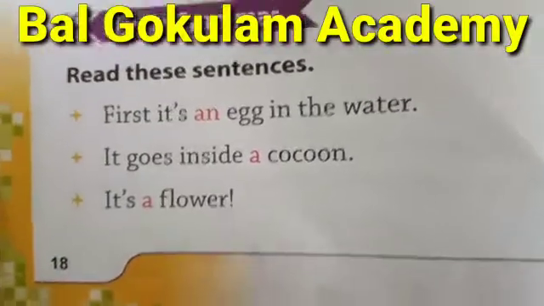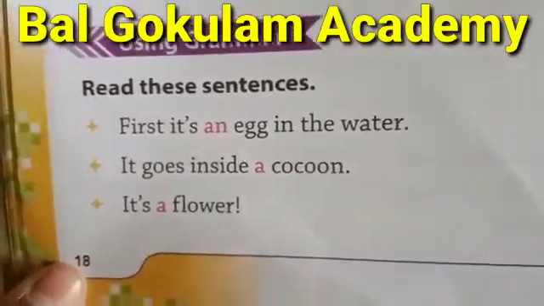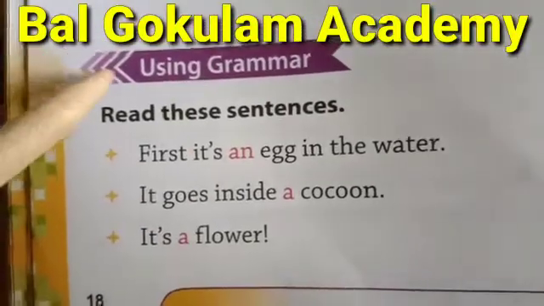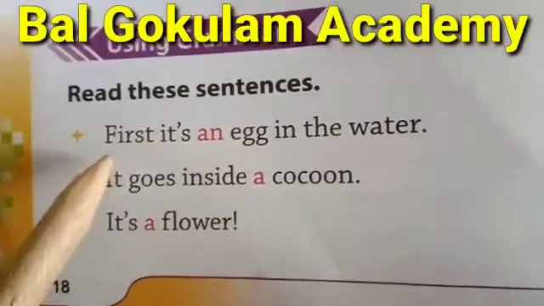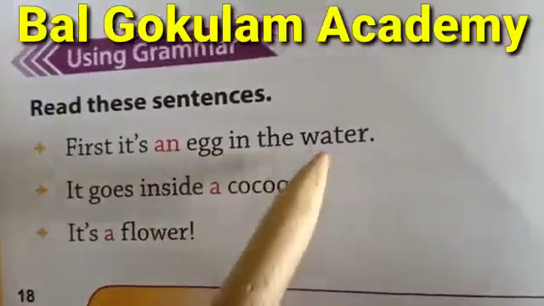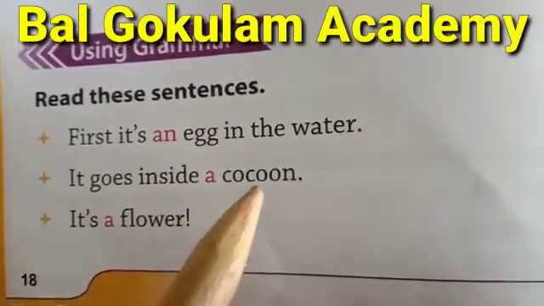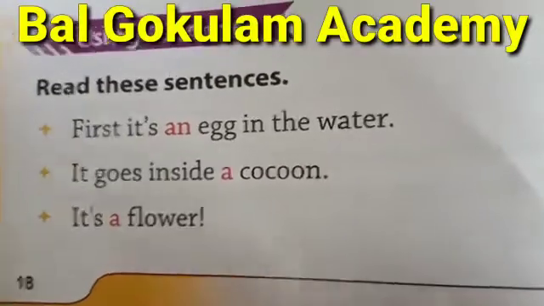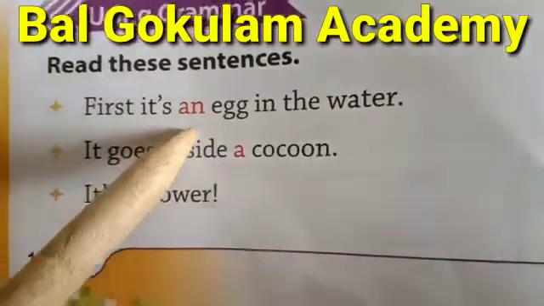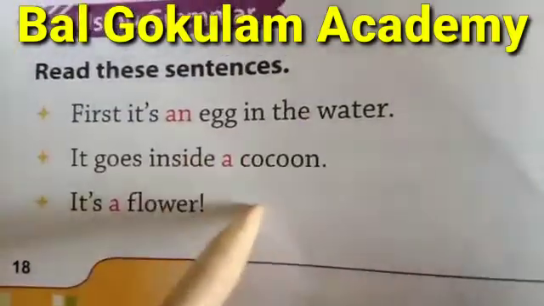Students, first you open your English book and open the page number 18, using grammar. Read these sentences. First, it's an egg in the water. It goes inside a cocoon. It's a flower. Students, you see here the words or letter A and An.